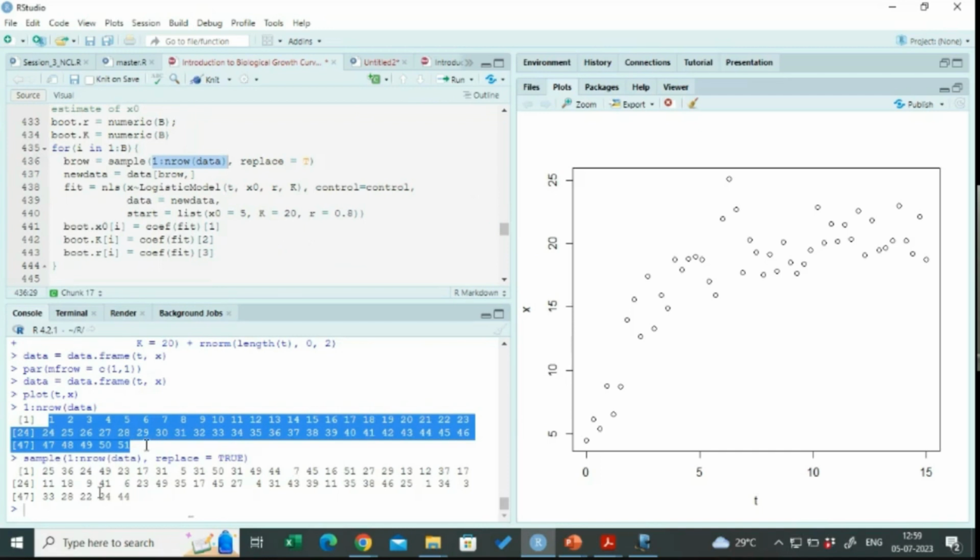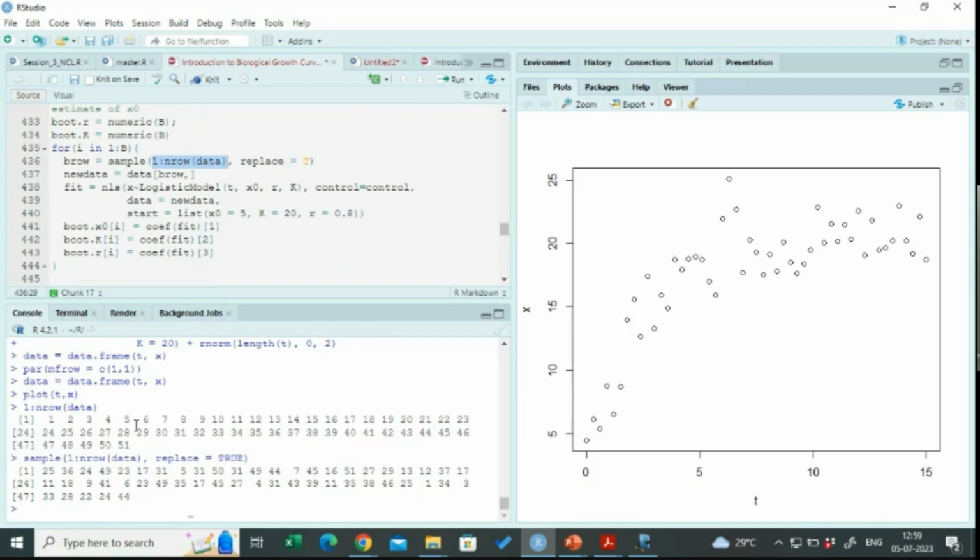You see that? It is a resample of the original number of rows. Another 51 values I get, but there will be repetition. For example, 31 has appeared twice, right? 35 has appeared here, and here also 35 has appeared.